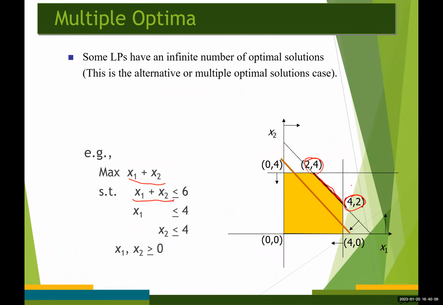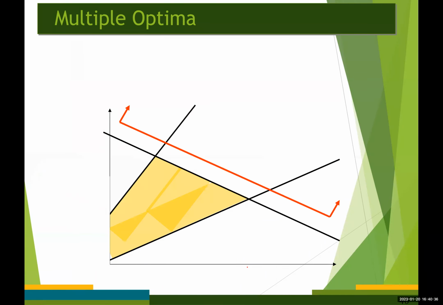All the points in this dark line segment are optimal. So some of the LPs have an infinite number of optimal solutions. So this is the case, and this shows a general case of multiple optima.